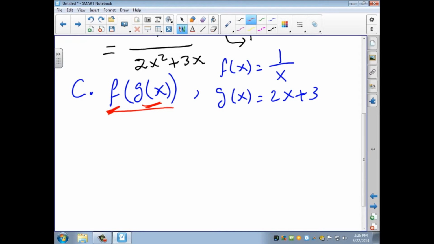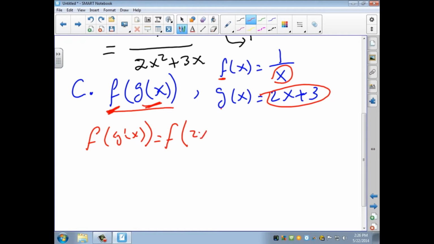So I start with the f function here, and in place of x here, I put the whole of g of x, which means this whole thing. So therefore f of g of x is basically f of 2x plus 3. That means in place of x, I put 2x plus 3.